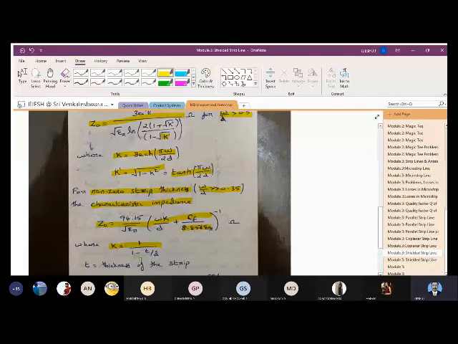And T, you know, is the thickness of the strip.